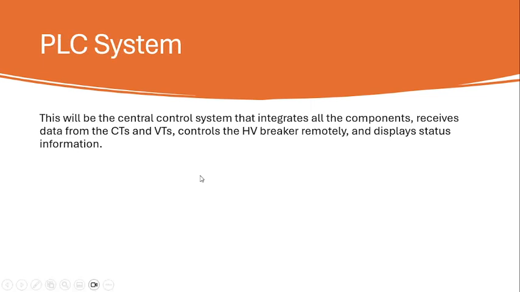The PLC system controls all the other components like CTs, VTs, and the HV breakers remotely, and displays information, integrating all the components together. It receives data from and sends data to the CTs and VTs to control the whole circuit.